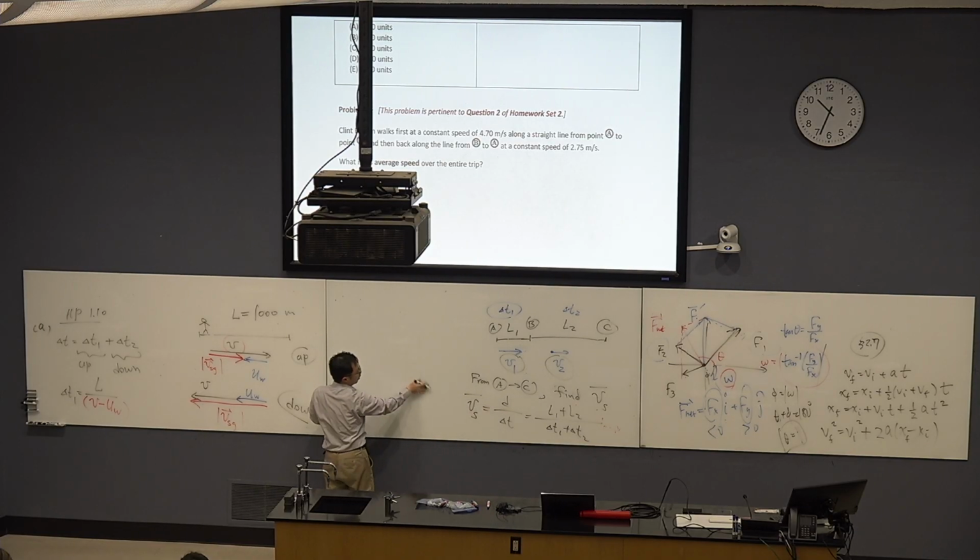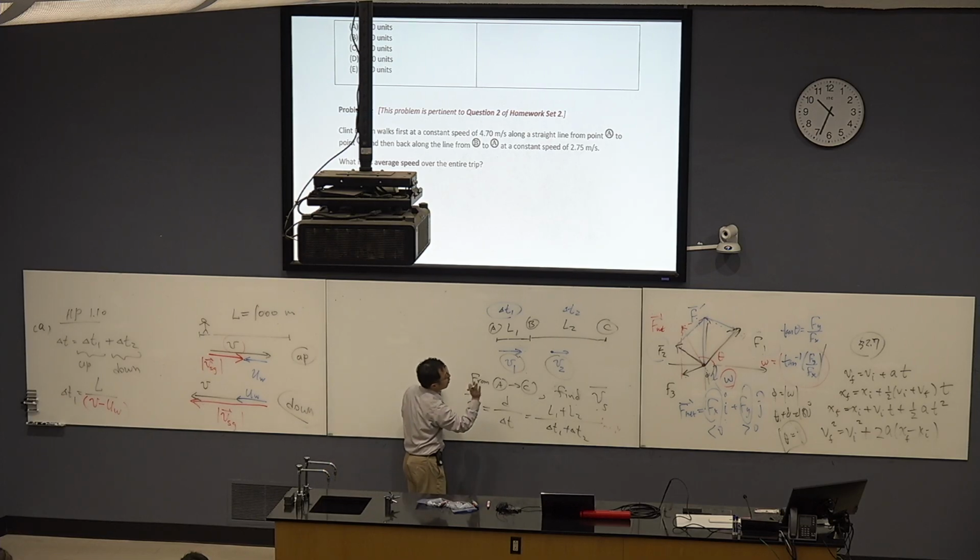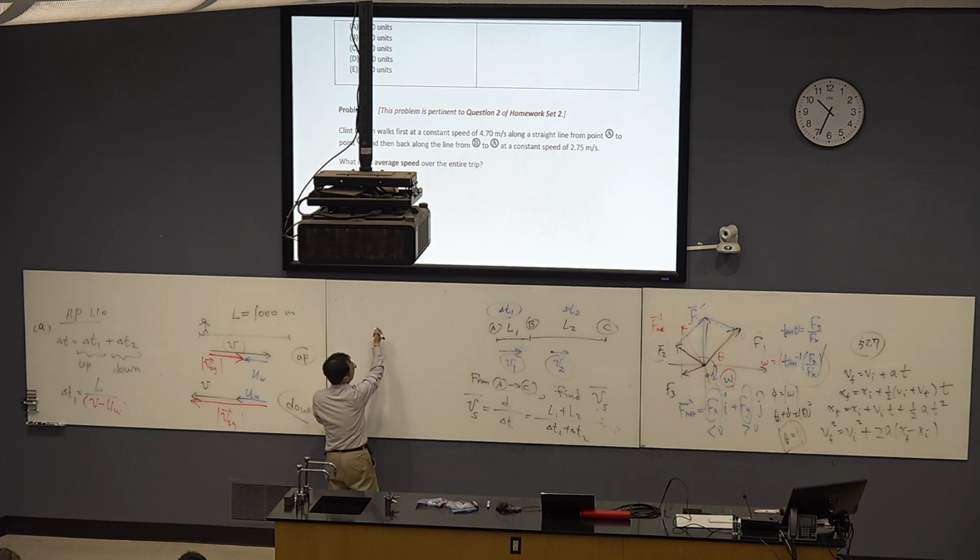Your V1 and V2 will be given, like in this problem here. But L1 and L2 will not be arbitrary. Let's say L1 equals 2L, for example, and L2 equals 3L, and L is some unknown parameter, but we don't need to know L. Now let's do the computation.